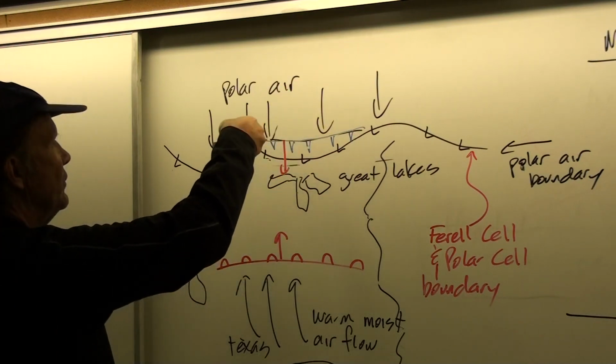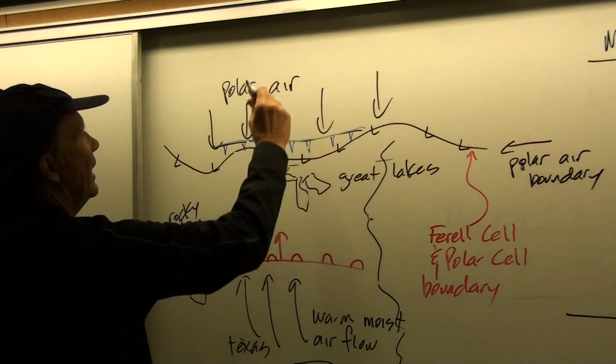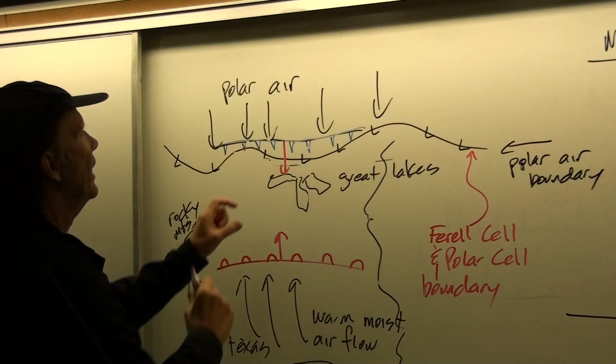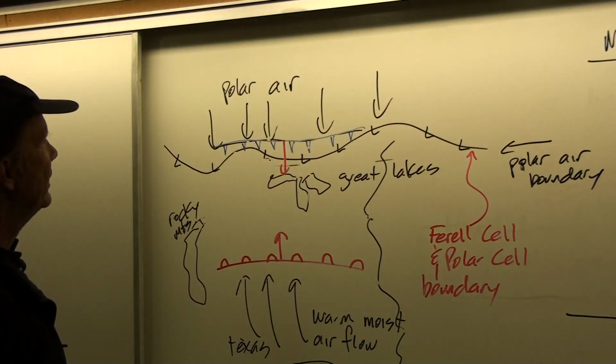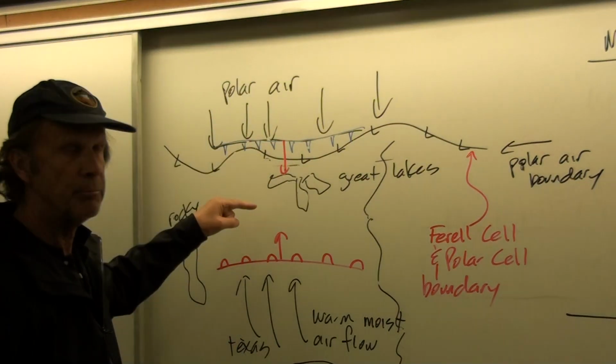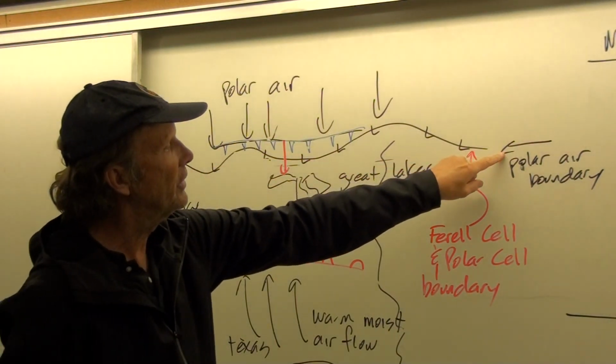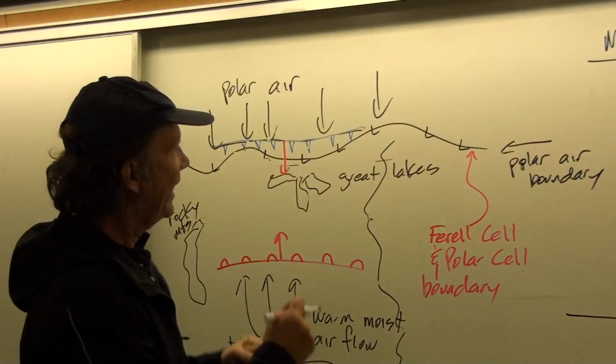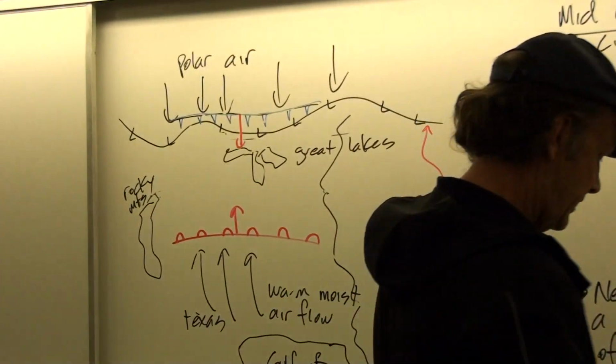So you have air that's moving up from the polar regions, air which is moving in toward this low and then up from the warm air regions, and so they'll have a tendency to mix then at this polar air boundary. And so this gives rise to what is called an occluded front.